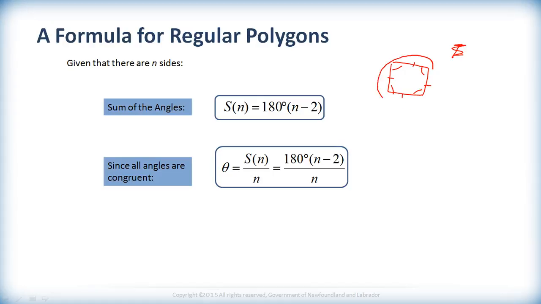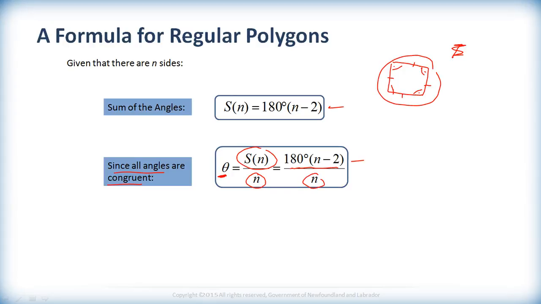Well, if all the sides and the angles are the same, then all I'd have to do would be to take the sum of all my angles, the total, and divide by how many angles I have, and they'd all have to equal that much. So, since all angles are congruent, each angle in the polygon would have to be the sum of the angles divided by n, where we had n angles. So it'd be 180 degrees times n minus 2, all divided by n.